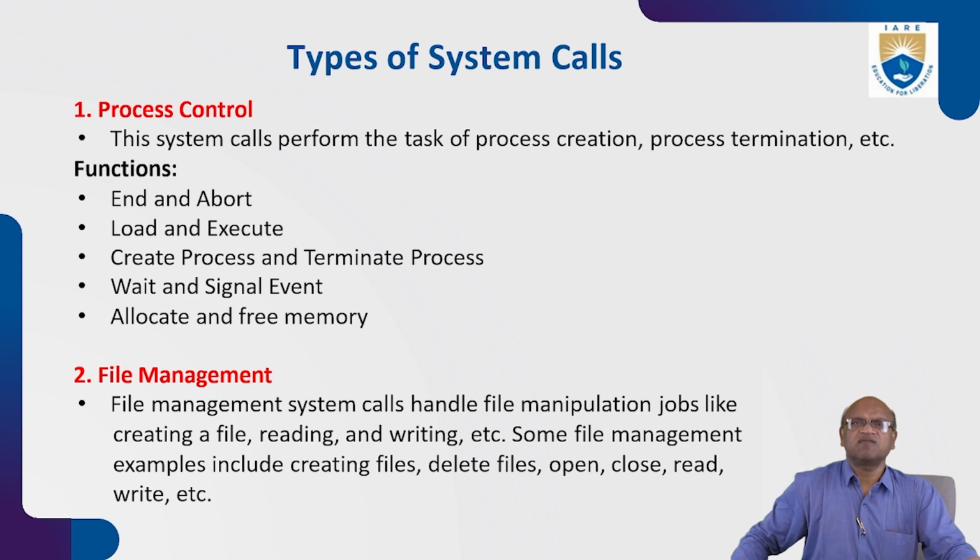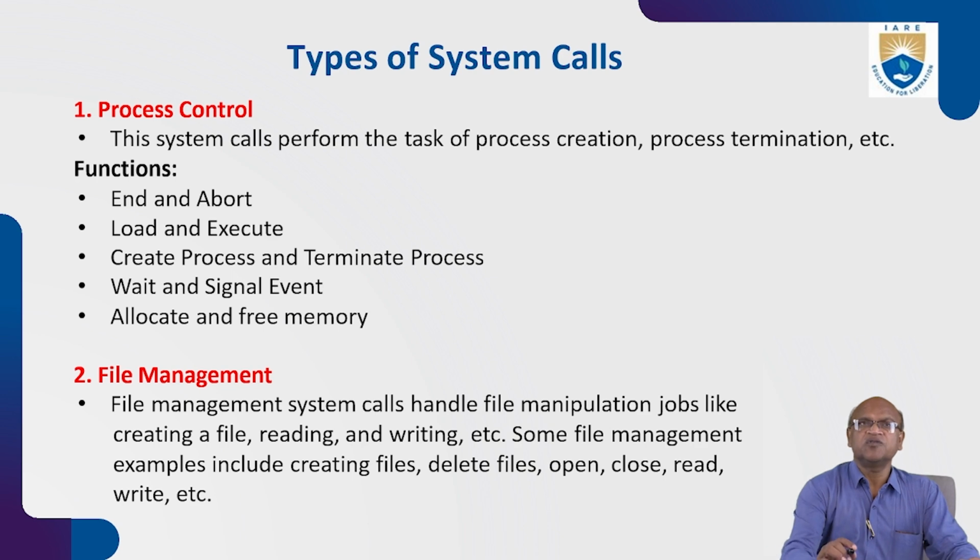The system calls perform the tasks of process creation, process termination, etc. The functions are: end and abort, load and execute, create process and terminate process, wait and signal event, allocate and free memory. The user only presses the button, but the rest of the things will be done by the OS.